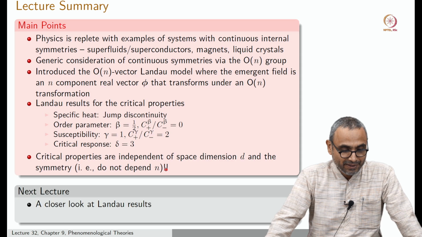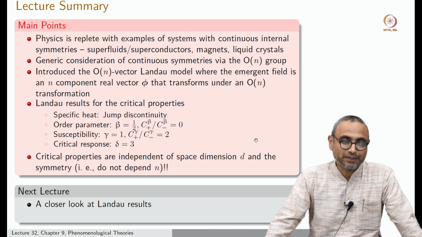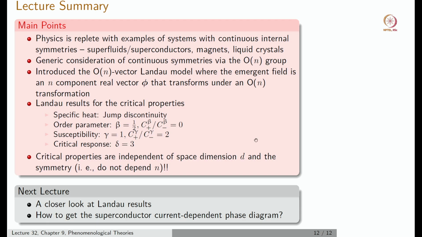In the next lecture, we'll take a closer look at these results and see what happens. We'll realize that there's something missing here, or that we have to do something more. We will do some extra things there, and we'll also address this: remember that when I talked about the superconductor, there was a phenomenon where when I passed current, there was a critical current after which superconductivity died and you went to the normal state.